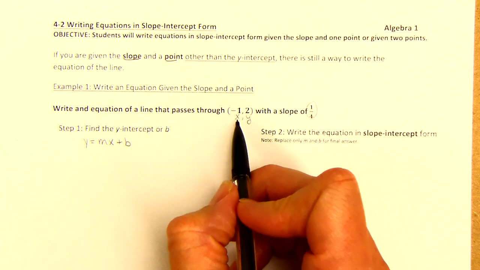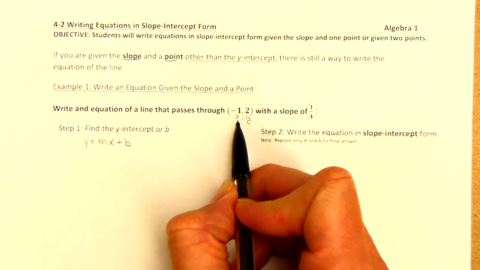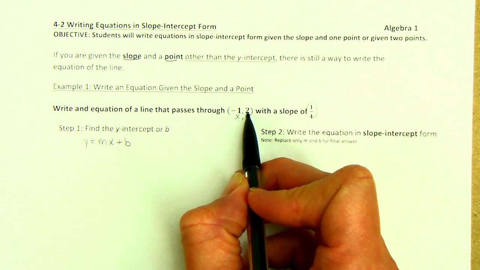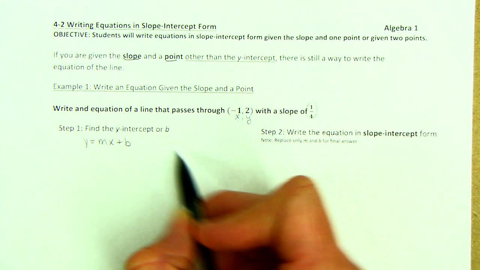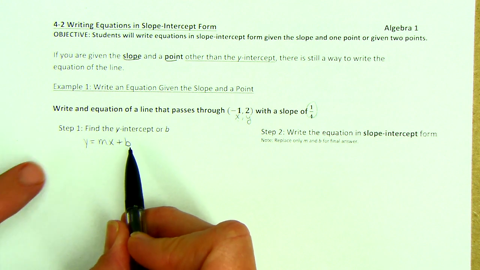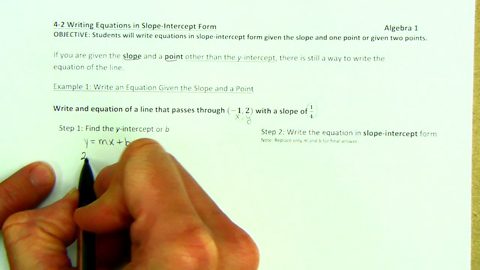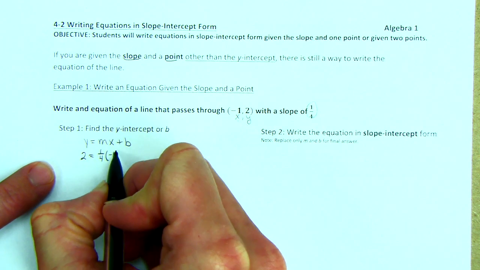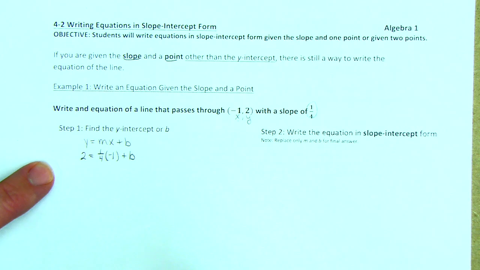But here's what else we're going to do. We're going to put this coordinate in for x and this coordinate in for y, so that the only thing we're missing is b, your y-intercept. And when we do that, 2 equals 1/4 times -1 plus b.